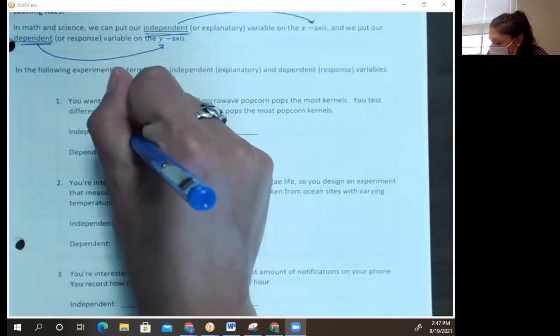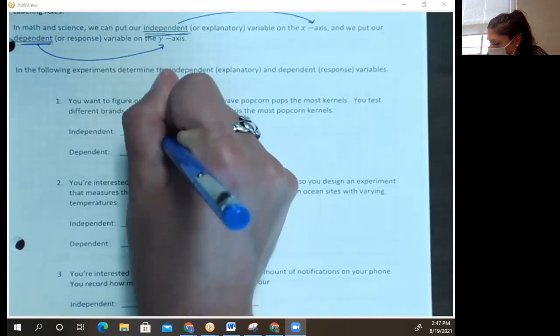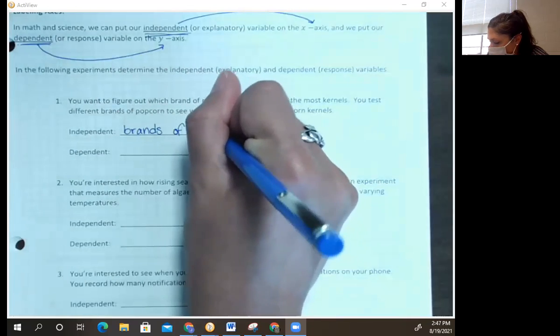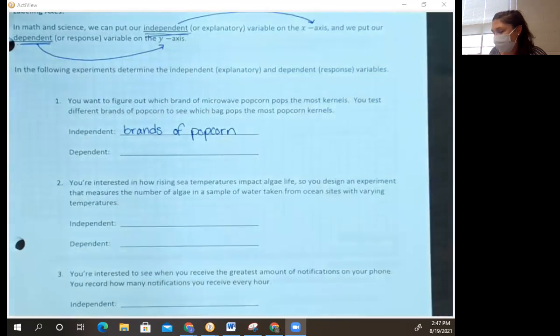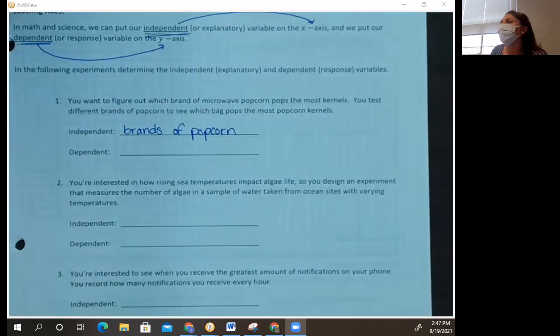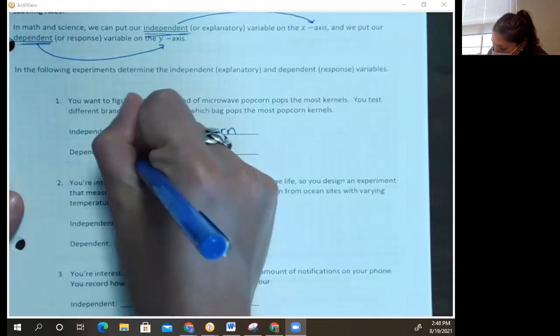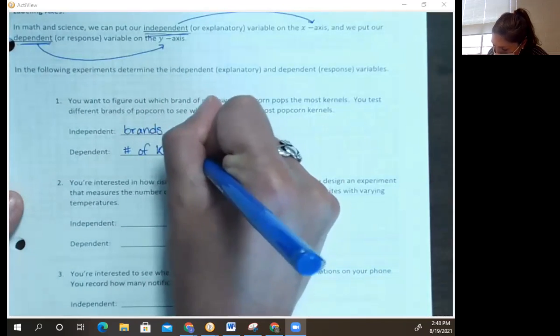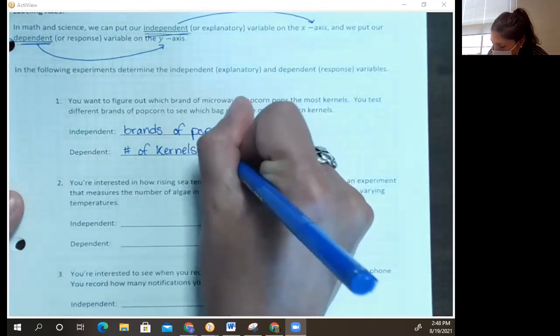So that's the independent variable. What would be then our dependent variable? Exactly, the amount of kernels popped. That's the thing I'm going to count or look at once I've popped it. Number of kernels popped.